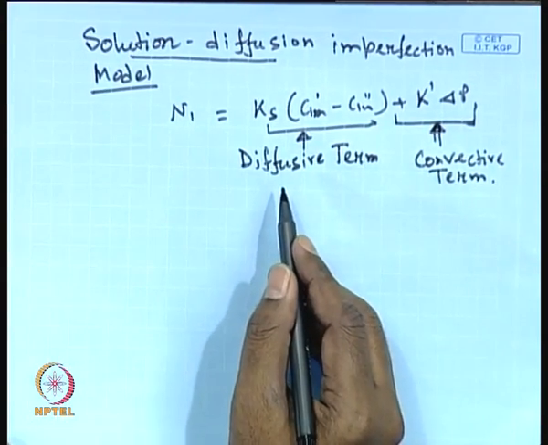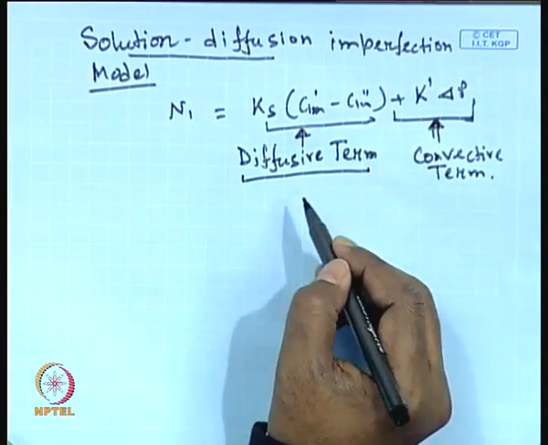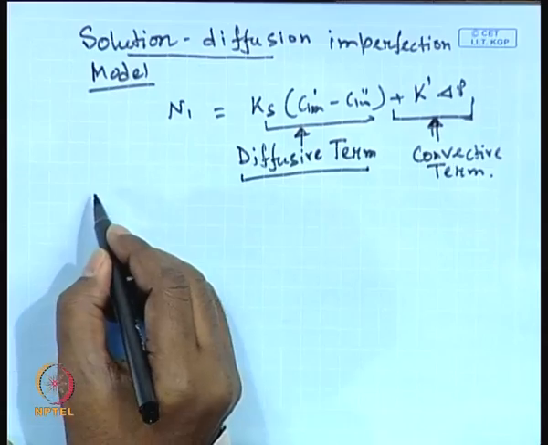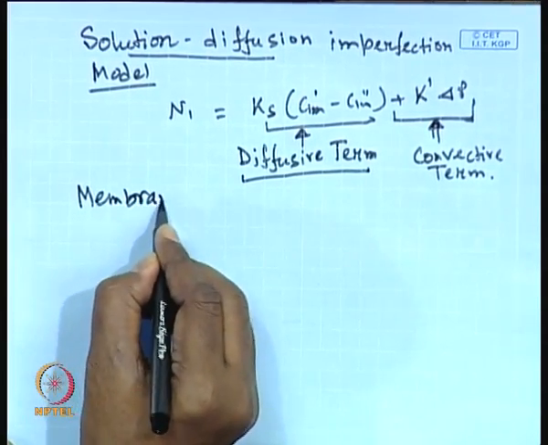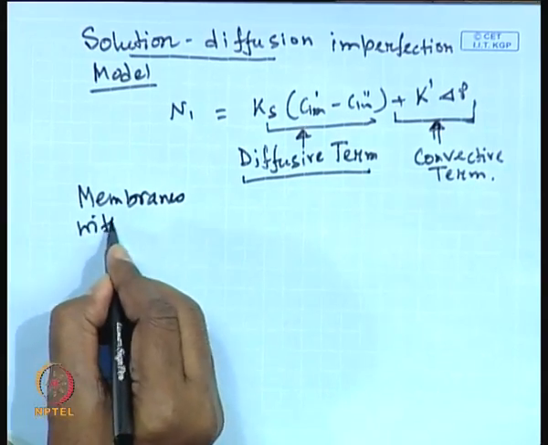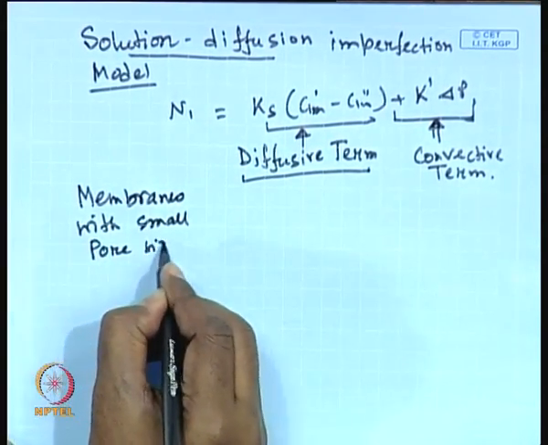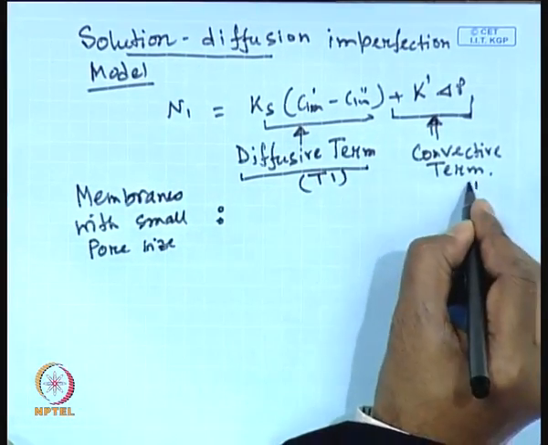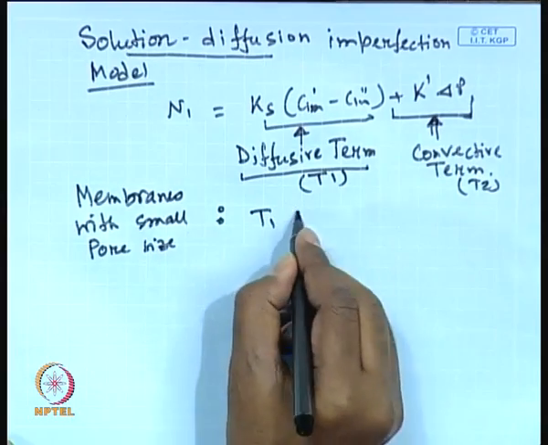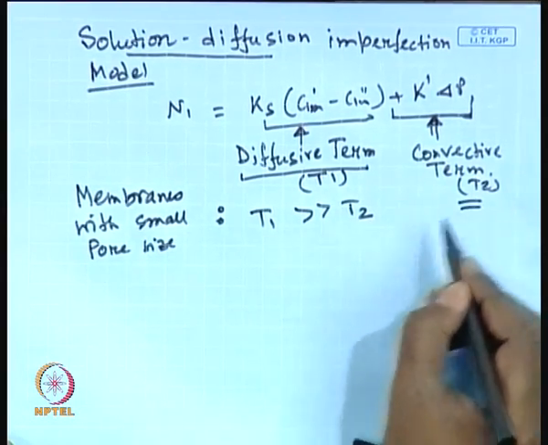For a pure reverse osmosis or nanofiltration membrane, this diffusive term will be dominant, because we are talking about a non-porous, almost non-porous membrane, with small pore size. This is term 1, this is term 2, term 1 will be much greater than term 2. So, we can neglect the convective term.